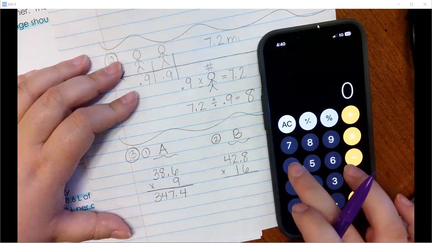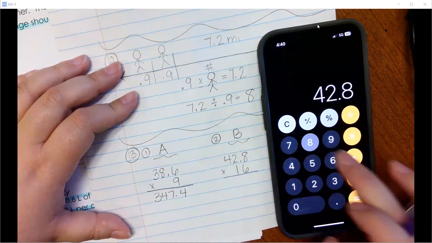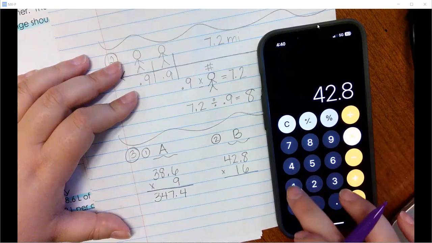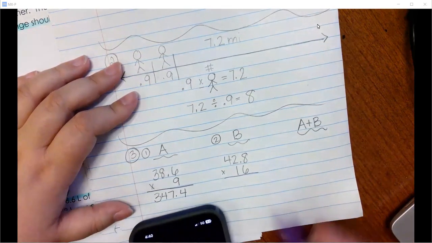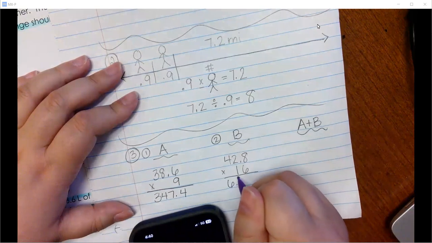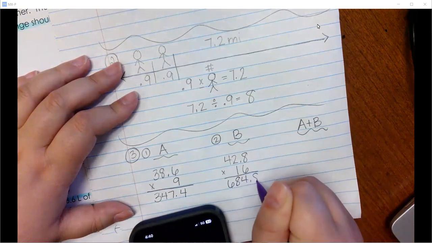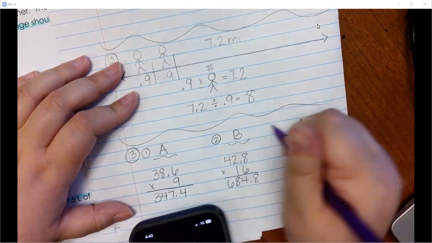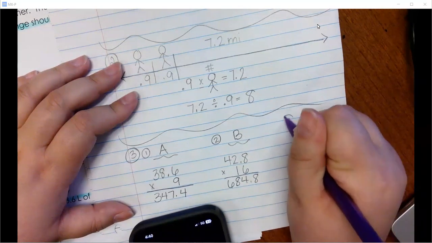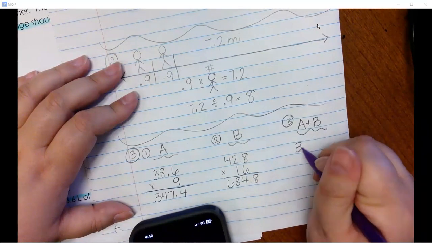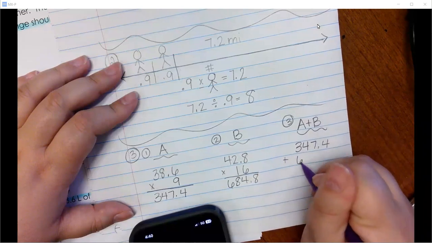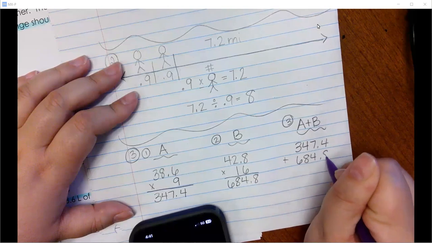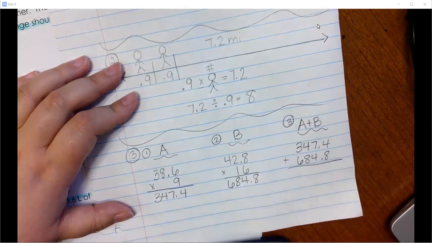And then 42 8/10 times 16 is 684.8. So that's step 1. Step 3 is to take 347 4/10 plus 684 8/10 and add them together.